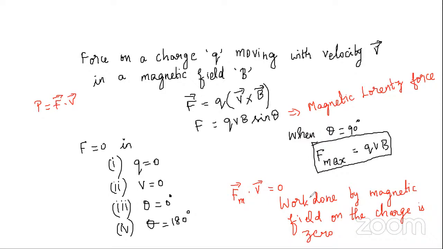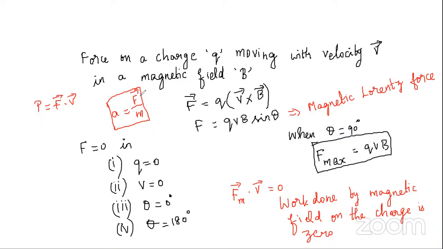The magnetic force, and of course the acceleration due to this force, is equal to F by m. Okay, the acceleration equals F by m, because according to Newton's law, F equals ma. So when the charge is accelerated, it is the ratio of the force and the mass.